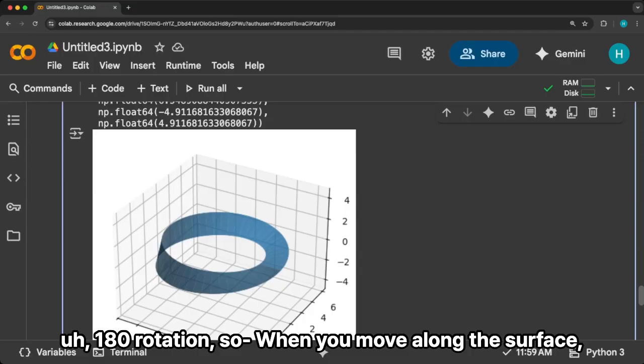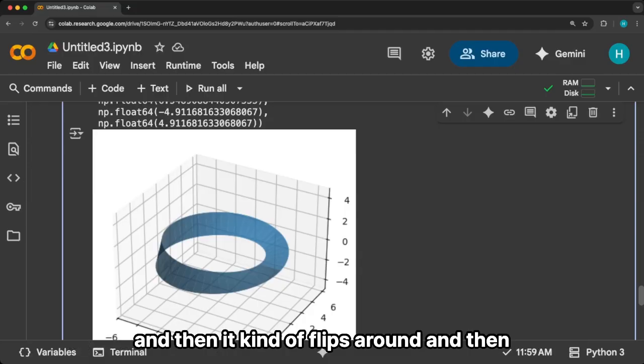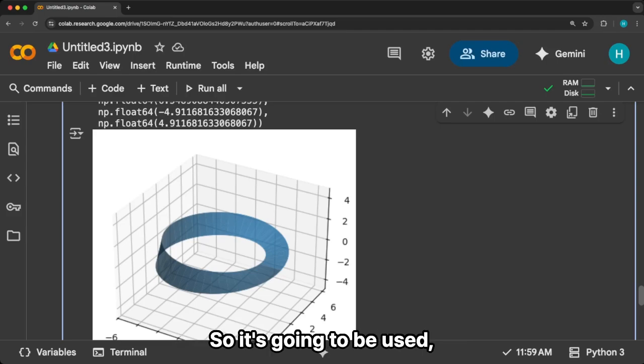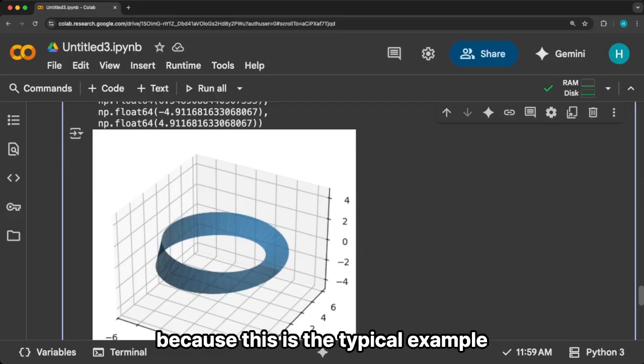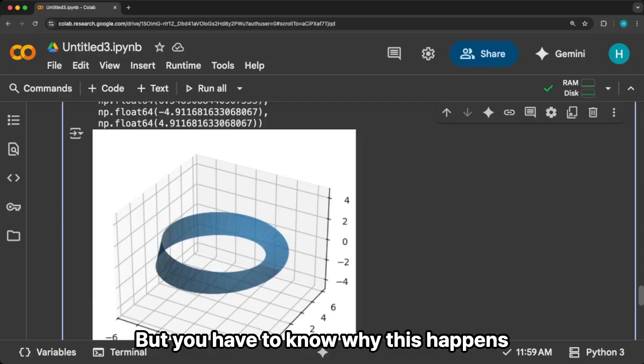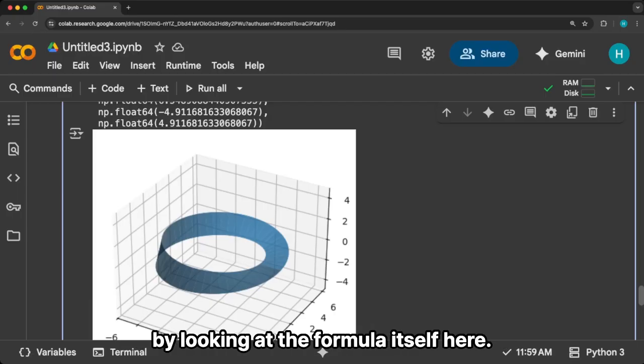So when you move along the surface, it flips around and then comes back to the point again. It's going to be introduced later when we talk about the surface integral, because this is the typical example which doesn't have orientation. But you have to know why this happens by looking at the formula itself.